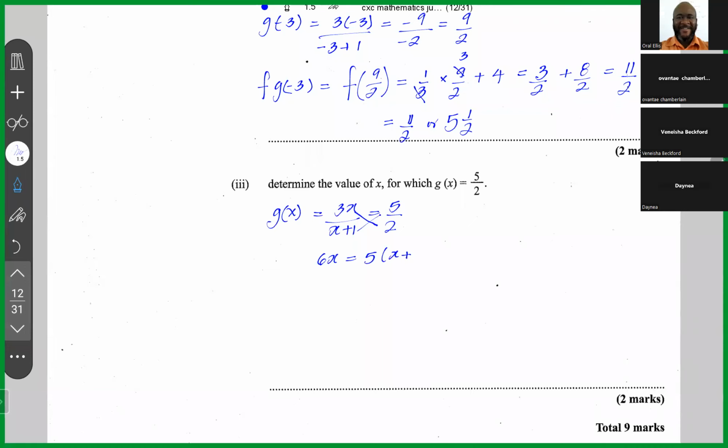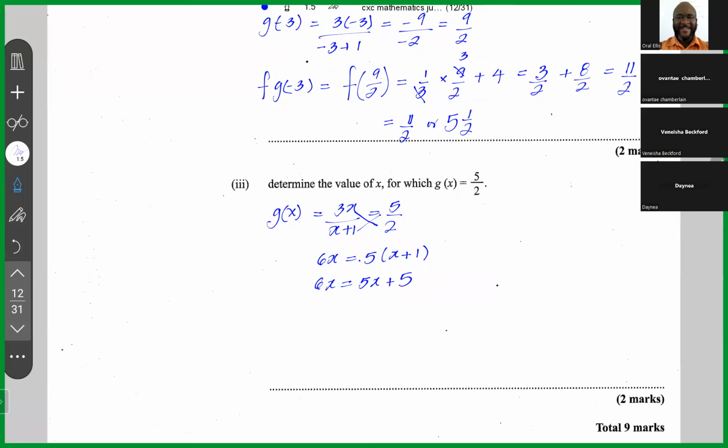Now, x plus 1 is a sum. Whenever you're multiplying a sum or a difference, you usually put it in brackets. So this is 6x, remove the bracket on the right side by applying the distributive law. Whatever is in the bracket is multiplied by what is immediately outside the bracket. So 5 times x is 5x. 5 times 1 is 5.